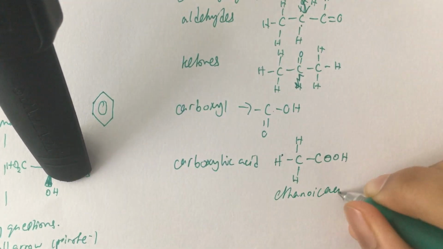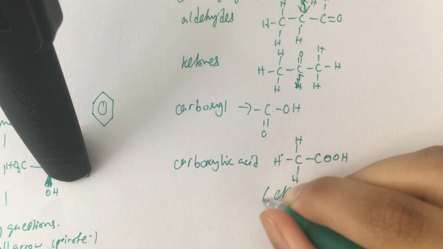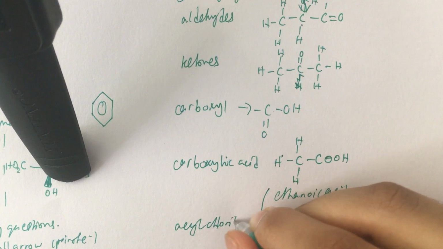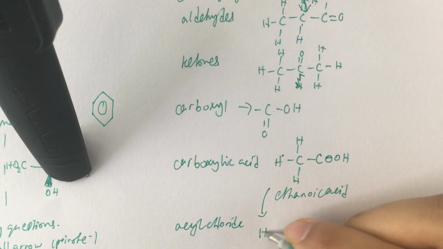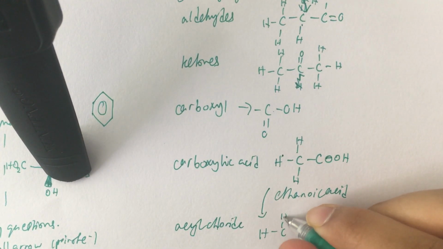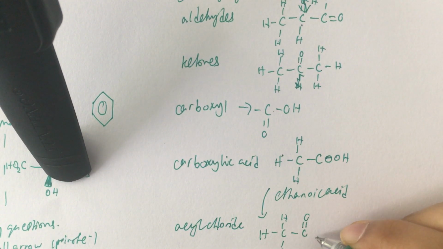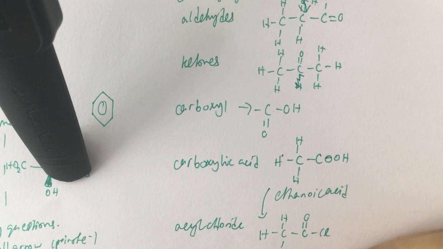For acyl chlorides, you have not OH, but Cl. So you have COCl, because Cl is -1. It replaces the OH in the carboxyl group and it becomes an acyl chloride.